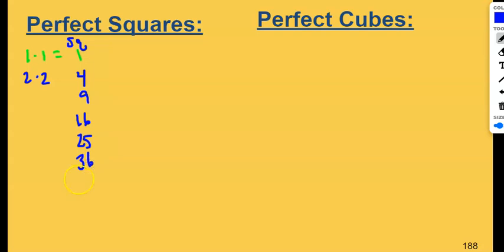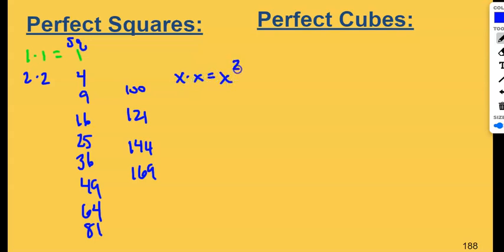And you really need to have some familiarity with these numbers sooner rather than later. Of course, 9 times 9 is 81. 10 times 10 is 100. 11 times 11. 12 times 12. And maybe up to about 13 times 13. Or like x times x is x squared, so x squared is indeed a perfect square, or any x to an even number.